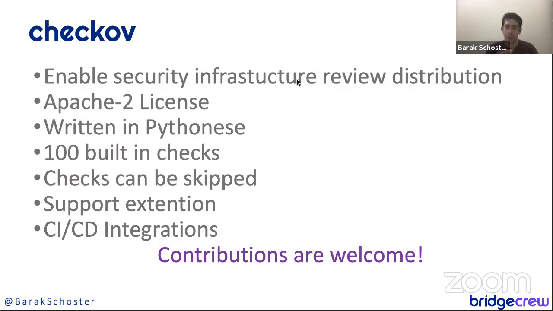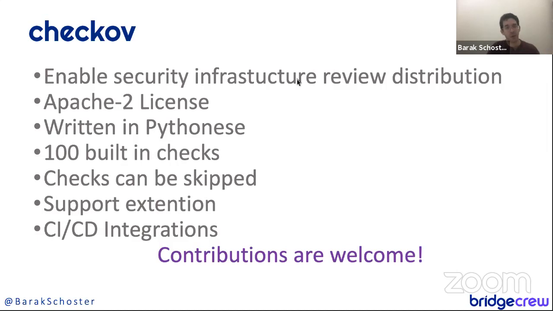It comes with 100 different built-in checks, and it has the capability to ignore checks or to add some extensions and some CI/CD integrations. By the way, if anyone wants to contribute, you're more than welcome. There are tons of tasks and more checks that we'd like to add to the different cloud providers.